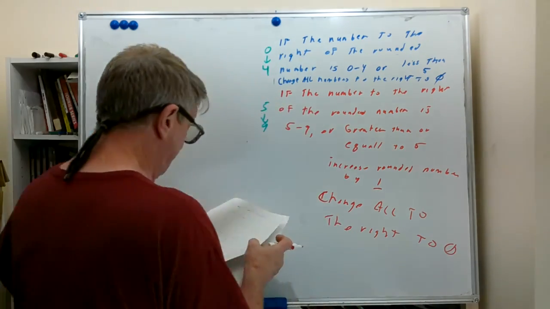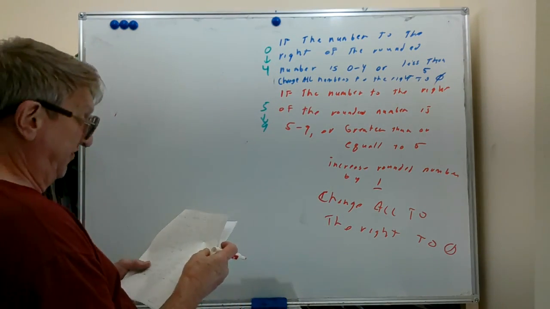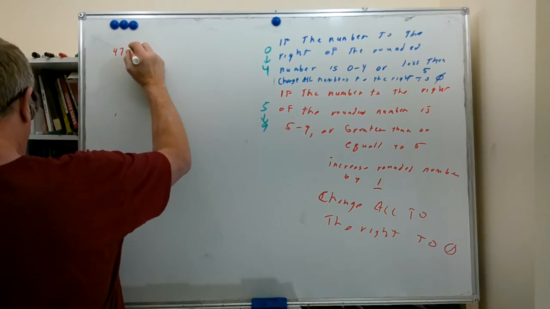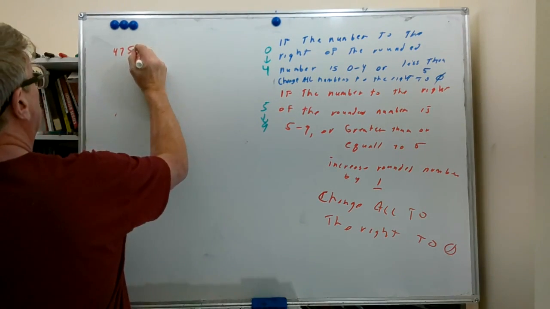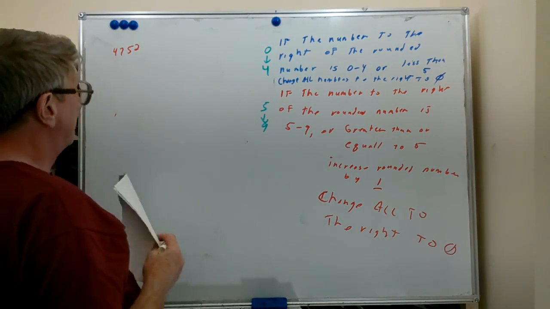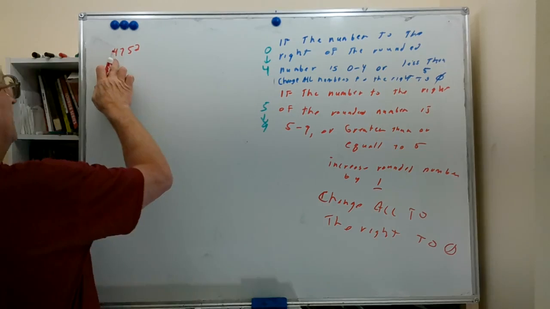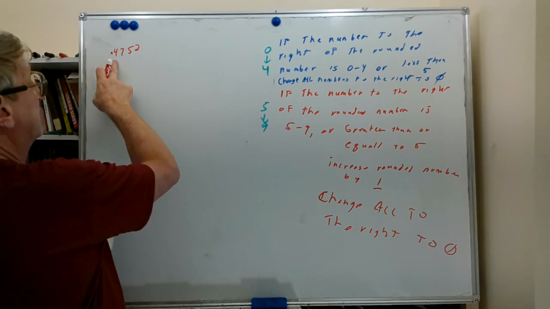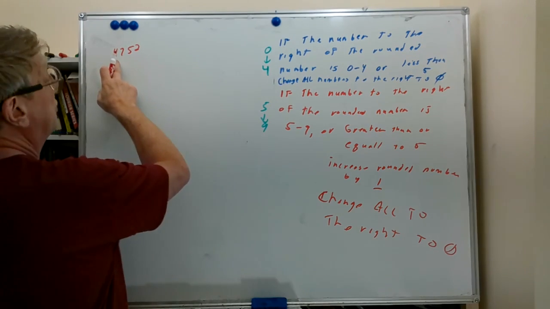So we'll look at a few examples here, see if we can make some sense of this. We have this number, 4, 7, 5, 2. We want to round that to one significant figure. Well, we'll be rounding the first significant figure in this number, which is a 4.